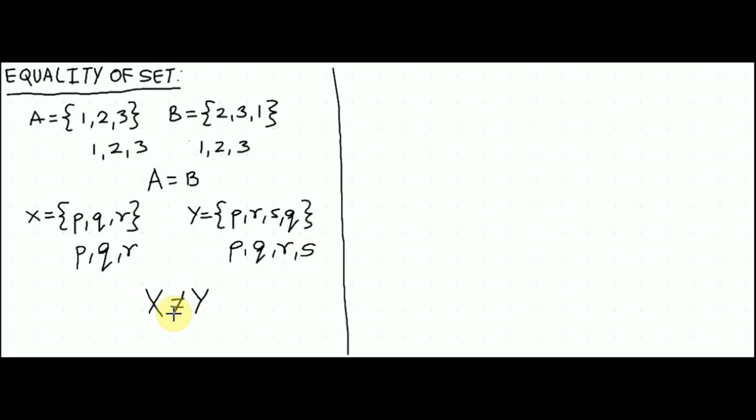Fine. Now see, there is another example. Suppose there is a set C, and this set contains elements 1, 1, 2, 4, 5, and there is another set D, represented here in roster form, and it contains elements 5, 2, 2, 4, 1, 1.